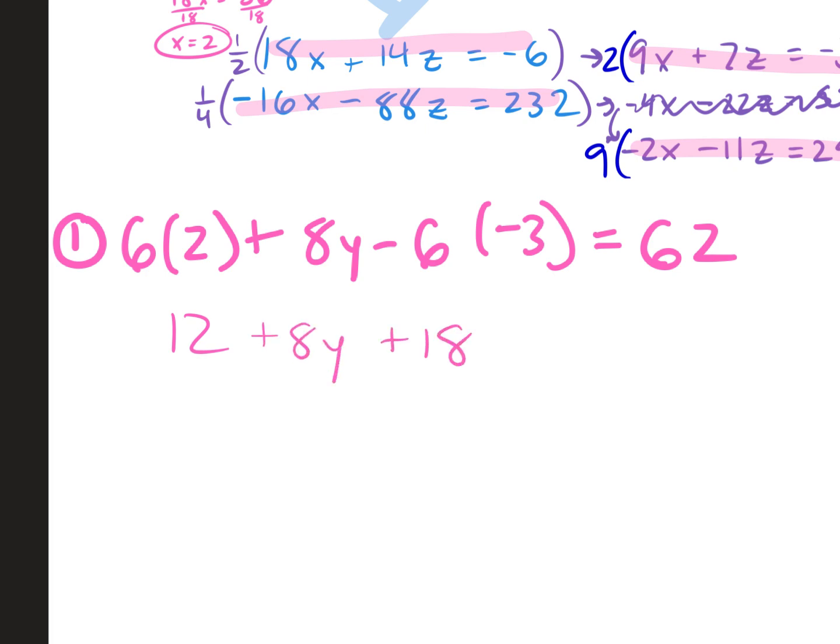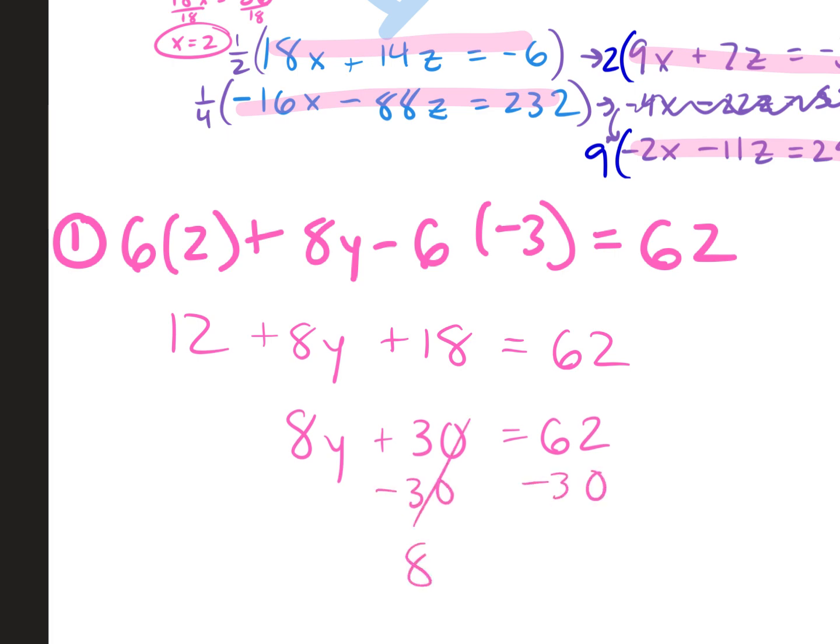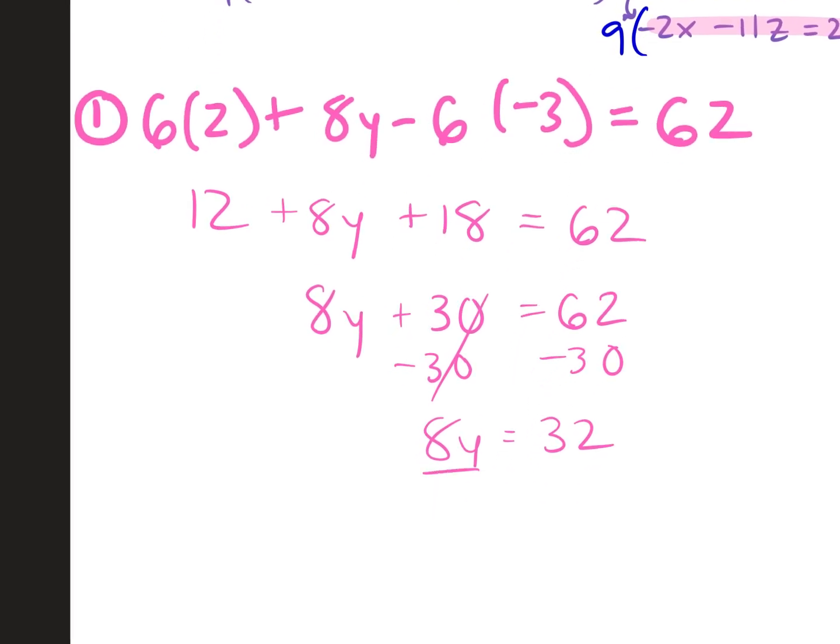This will be plus 18 is equal to 62. I'm going to combine my like terms next. So 8y plus 30 is equal to 62. What do I do next? Subtract 30. So 8y is equal to 32. Lastly, we divide by 8. So y is equal to 4.